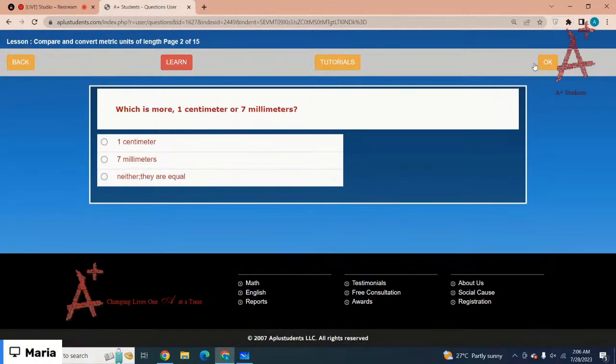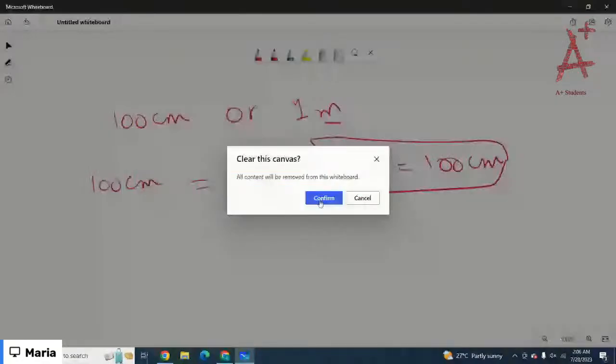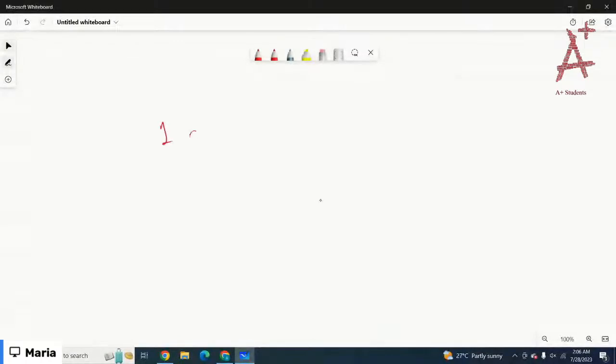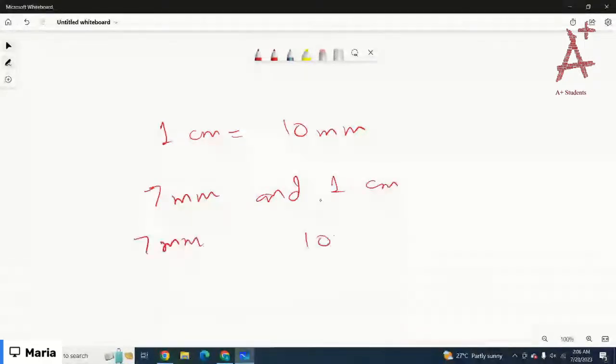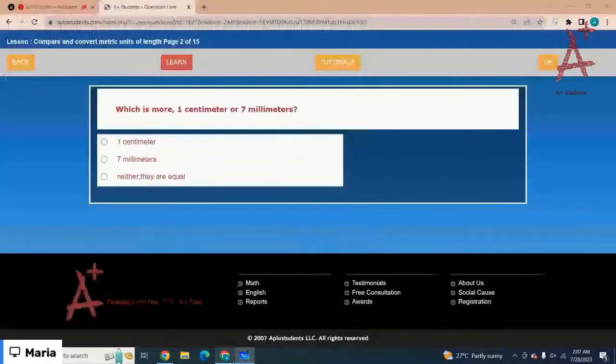Sorry, 10, not 100. So you have to compare 7 millimeter and 1 centimeter. So it would be 7 millimeter and 10 millimeters. So which is more? Centimeter is more, right? So the correct option is 1 centimeter.